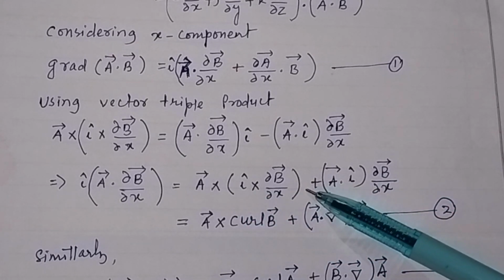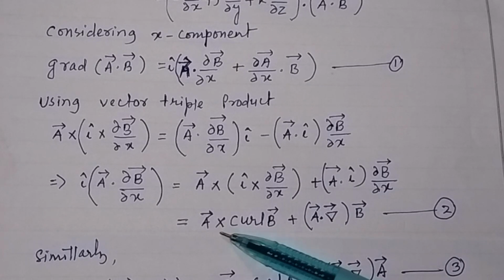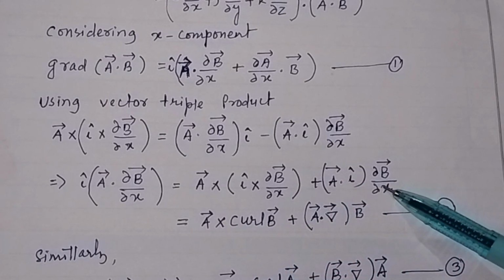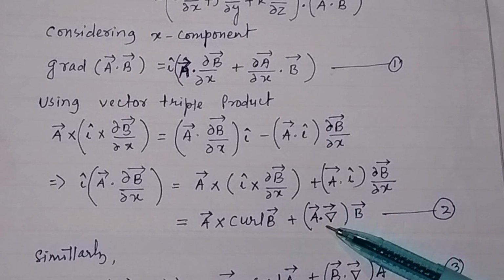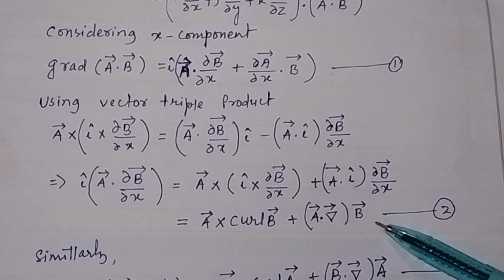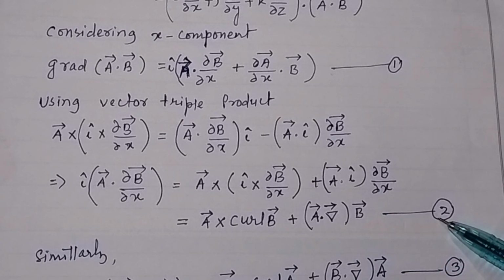And this is nothing but, you can write this as A vector cross curl B plus A dot del operator with B. Suppose this is equation number 2.